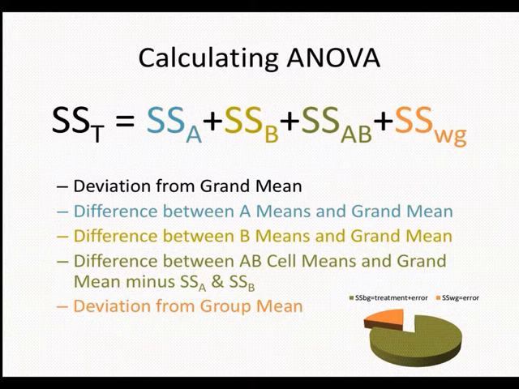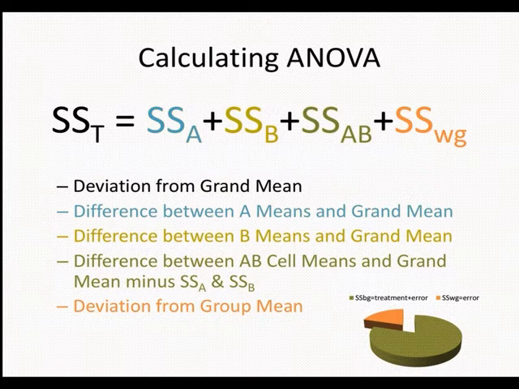So in terms of calculation, the A would be the A means minus the grand mean. So that will be similar to what we did with the between group for one-way ANOVA. And similarly, B would be the B means minus the grand mean. And then for the within group, it would be the scores and how much they deviate from the group mean.